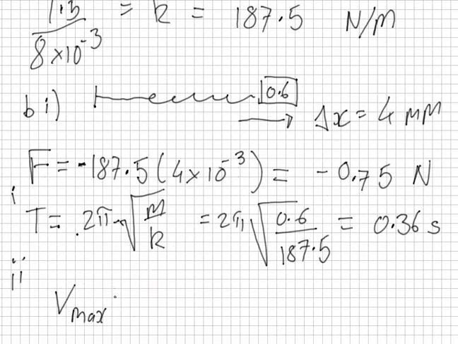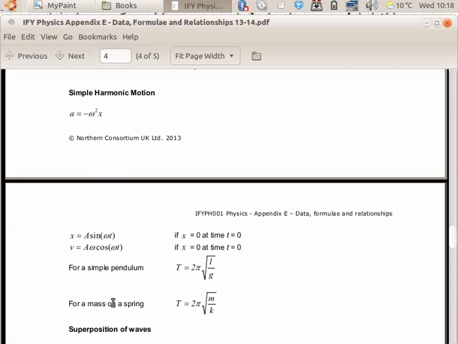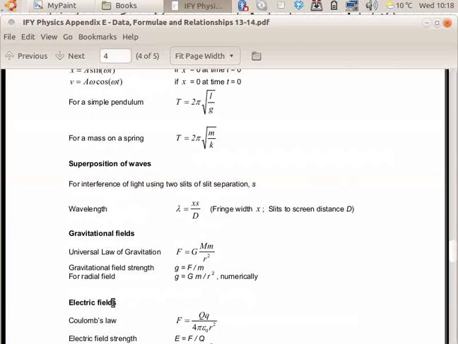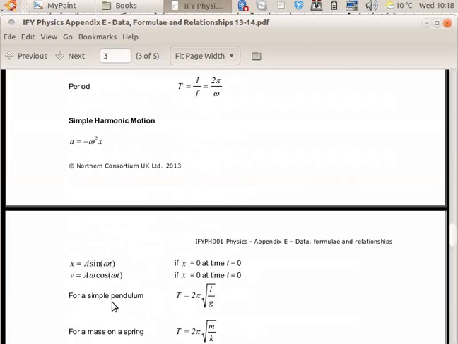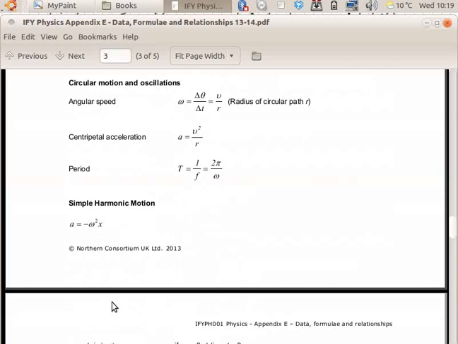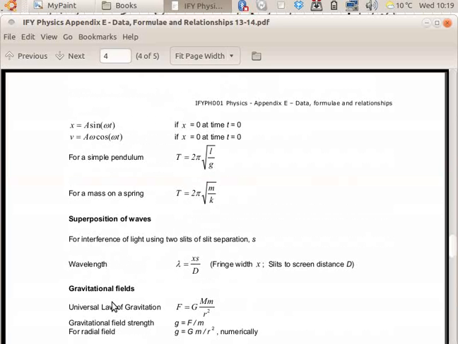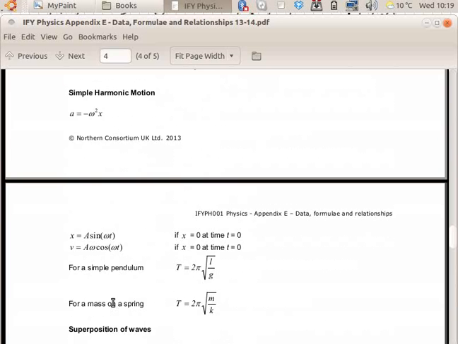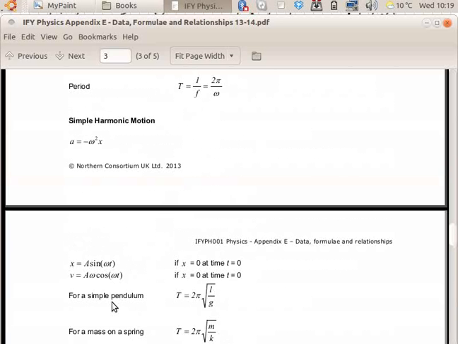Difficult if you don't know how to do it, yes. Look up here, folks. Where is it? I'm looking for it. Simple harmonic motion.